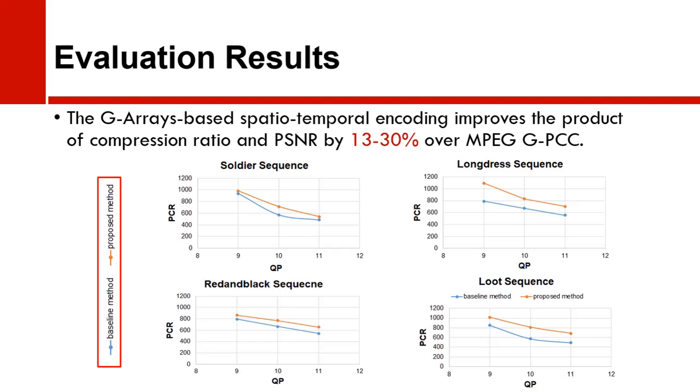We study various quantization parameters for our simulation, where the quantization parameter determines the number of bits representing each component of the points. Figures show the comparison of the baseline and our proposed method based on this metric. The results indicate that the proposed method improves the compression ratio and quality by averages of 13 to 30% over the MPEG G-PCC.